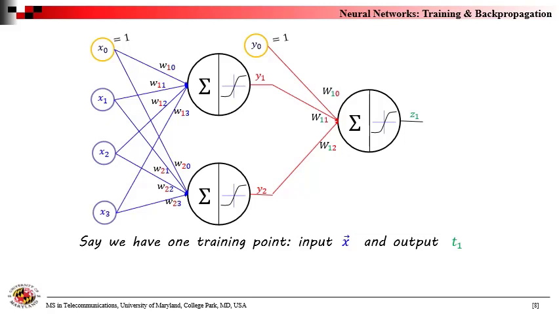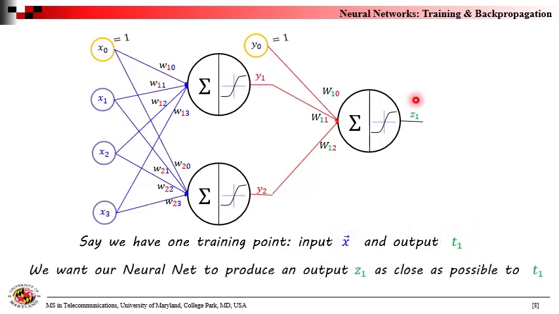So we have the one training point of some x's that you input here, and it should produce this output. We know ahead of time that that is the desired output for this input. We want our neural network to produce an output as close to this intended output as possible.